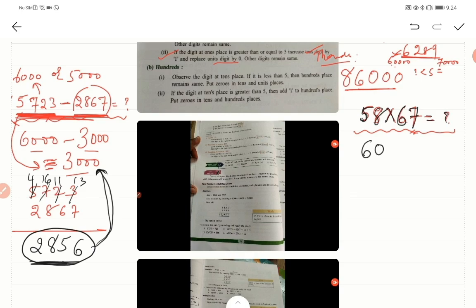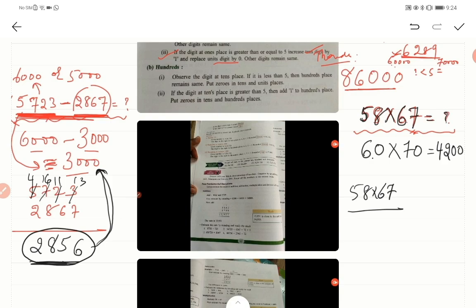See, 58 is near to 60, not 50. 67 is nearest to 70, isn't it? So what is 6 sevens? 42, right? So this is 4200, isn't it?